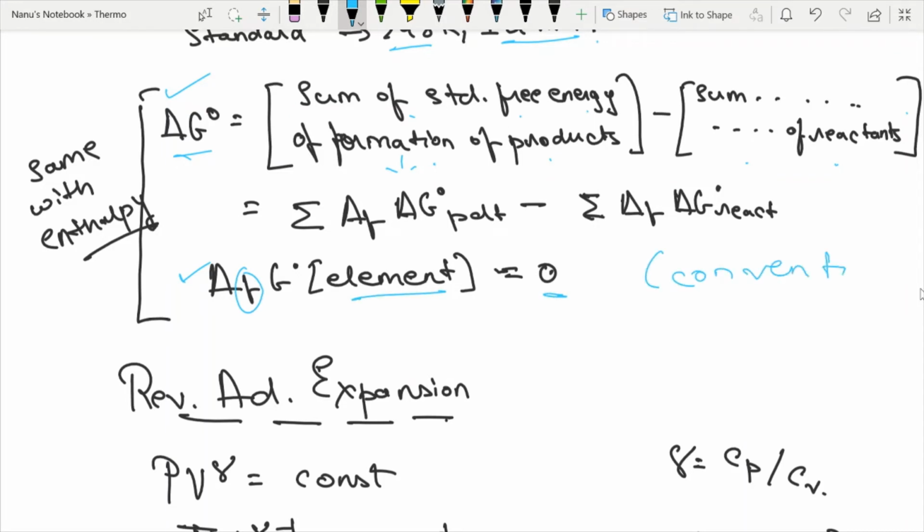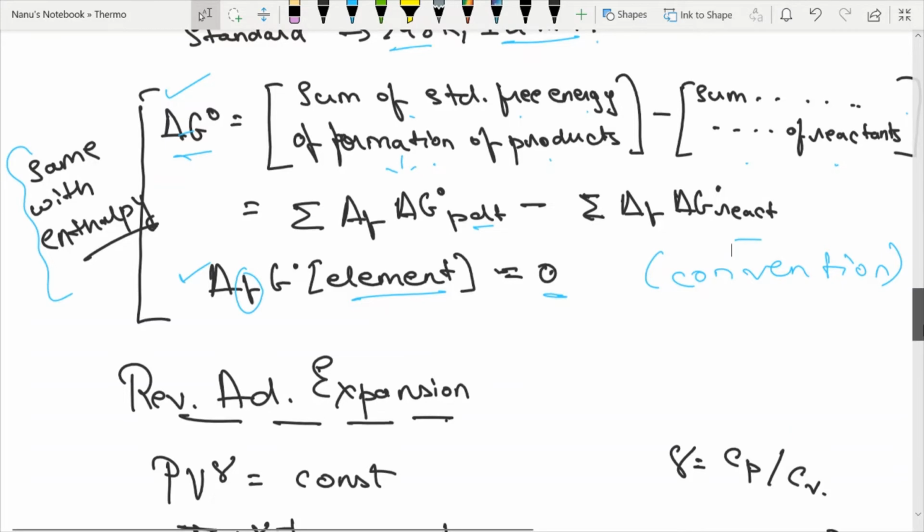We will look into some problems relating to this also in the next video, and it is the same with enthalpy, right? If you have to find the change in enthalpy for a reaction, it will be the product side minus the reactant side, and the convention for del H also is that for an element the heat of formation is considered 0.